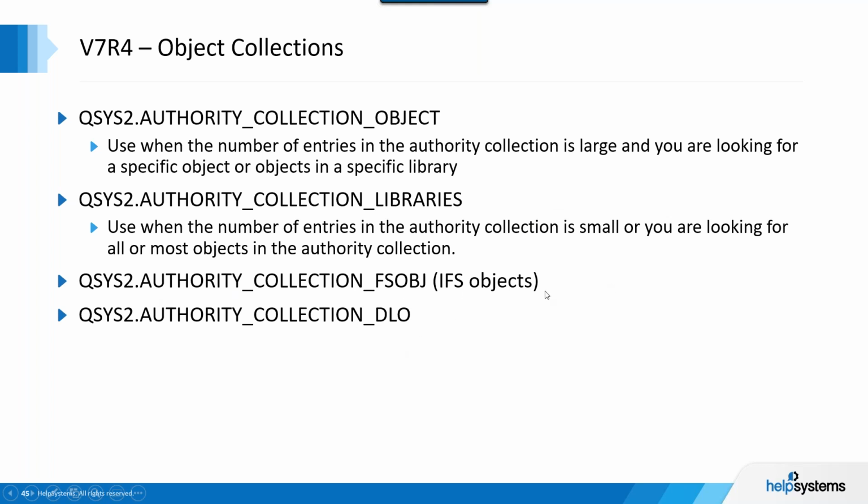Then there's a view for the IFS objects, and then the first 2 that I've listed here will produce the same information regardless of which one you use. It's just that one performs better than the other, okay? So you just have to kind of play around with it and know that there's 2 of them and know that one will perform better in certain situations than others. So you want to read up on that before you start using these.